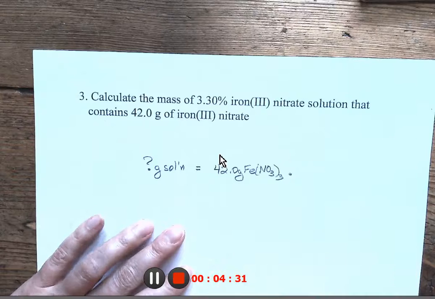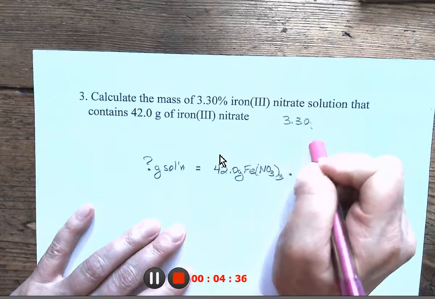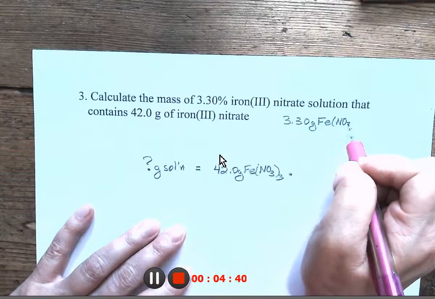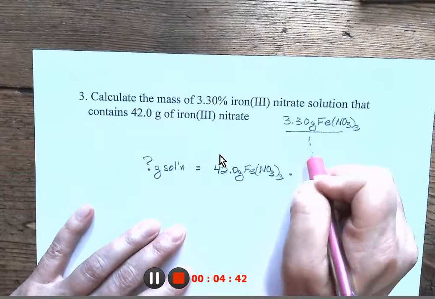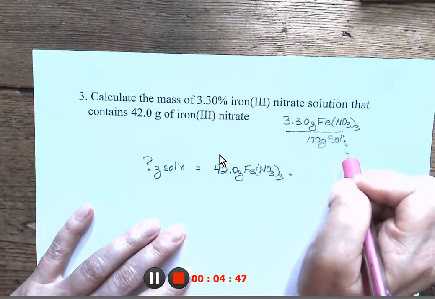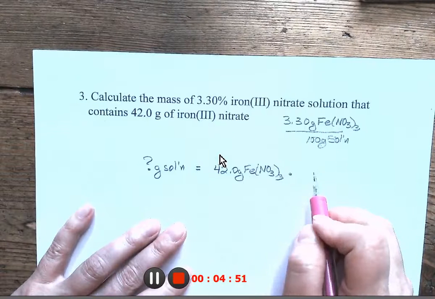We can take the same percent that we know and just flip it. We know the mass of solute, and we're trying to find the mass of solution.